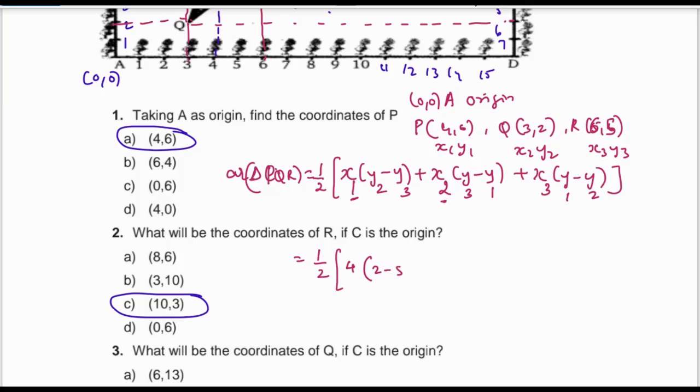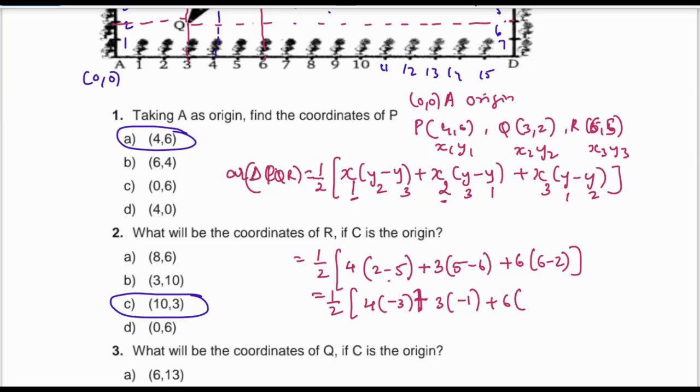So it will be 2 minus 5, then plus 3 into 5 minus 6, plus 6 into 6 minus 2. So here it will be 1 by 2 into 4 into 2 minus 3 is minus 3, then plus 3 into 5 minus 6 is minus 1, plus 6 into 6 minus 2 is 4.